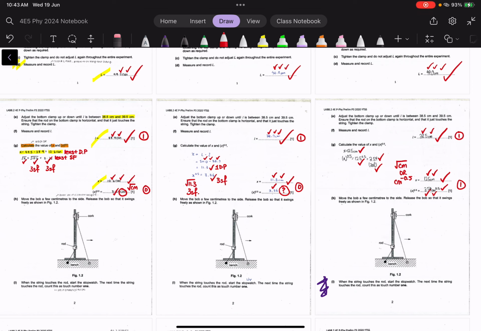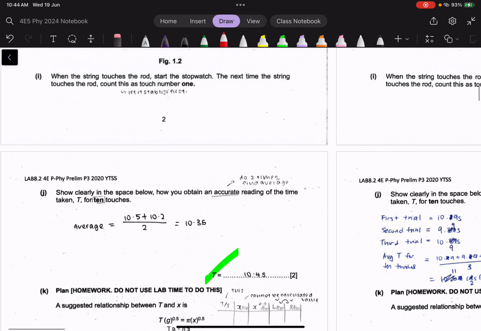Okay, then after that, like I said, nowadays, if you see accurate thing, I must see your effort in doing averaging. And when you do averaging, you will follow least DP rule. Okay, so this one is 1 DP, this one is 1 DP. The 2 here is not counted because 2 is just the number of readings.